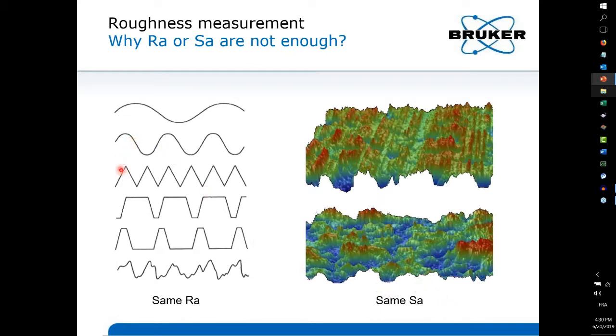So now you understand that this Ra or Sa only discriminates the amplitudes and does not play any role regarding the spacing between any peaks or valleys. Why? This spacing is very critical. So for instance, this type of surface is made to nicely bear pressure while having a reservoir for oils.